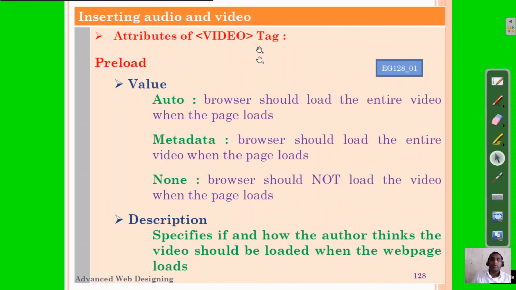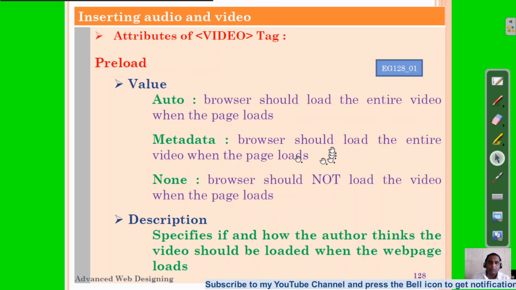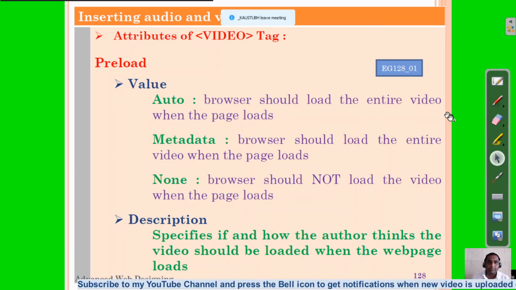Preload. The values for preload are auto, metadata, none. Auto means the browser should load the entire video when the page loads. When the web page is loaded, at that time also load the entire video. Metadata means the browser should not load the entire video, but should load the information.